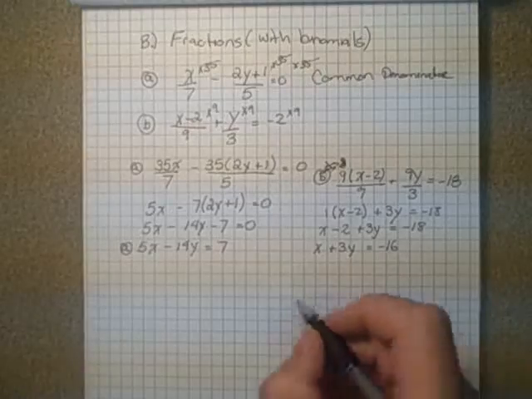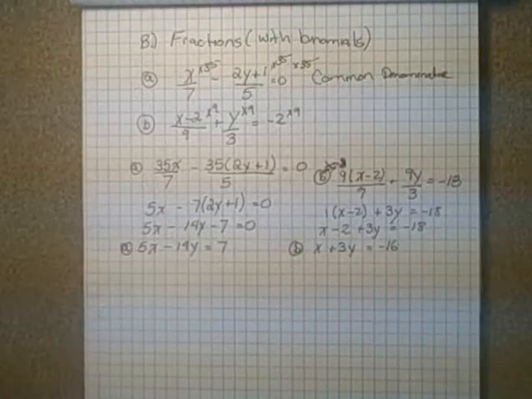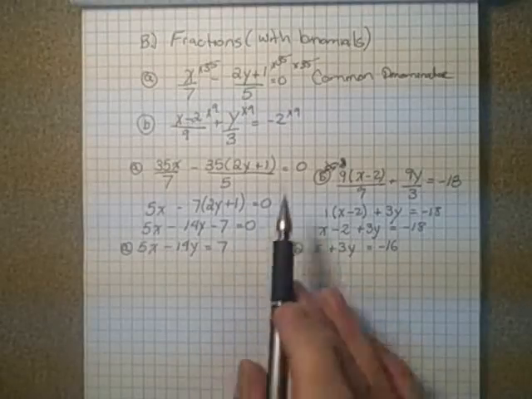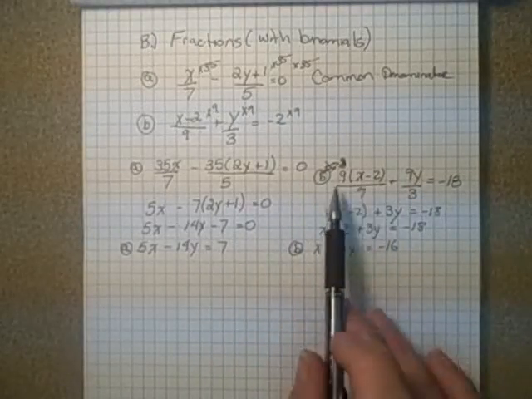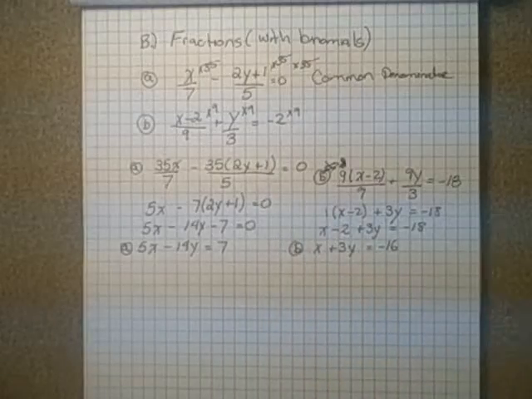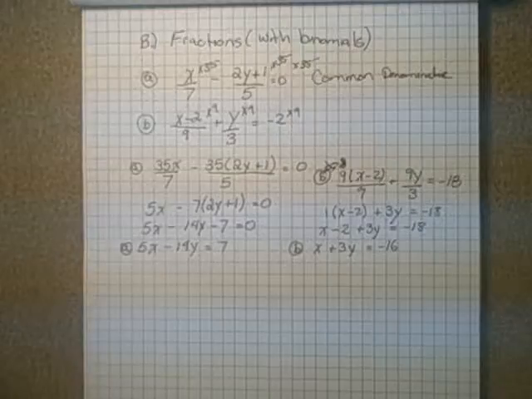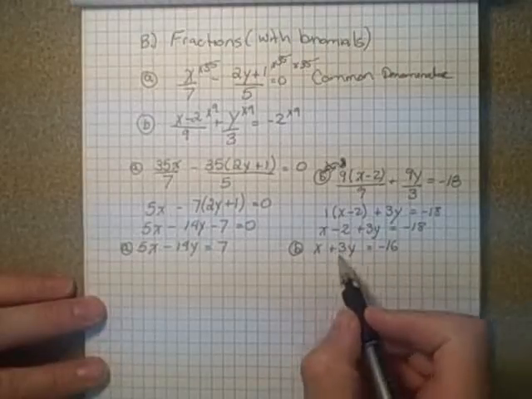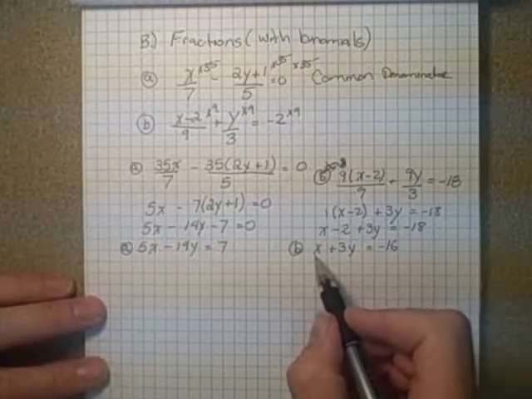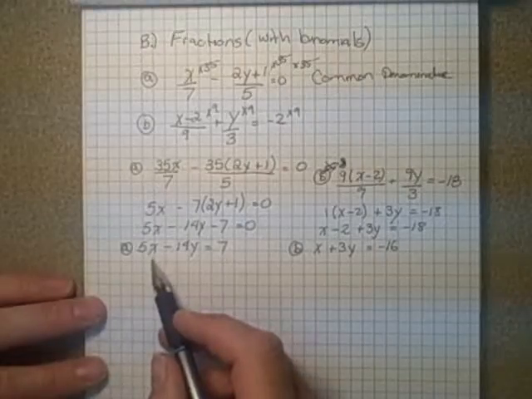Now we have our two equations. Once we have our two equations and we've eliminated the denominators by multiplying through and being careful to keep the binomial expressions in brackets, we now just choose to use our old method of elimination or substitution. In this case, if I want to use elimination, I can multiply b by a negative 5 and then add it to a and eliminate the x.